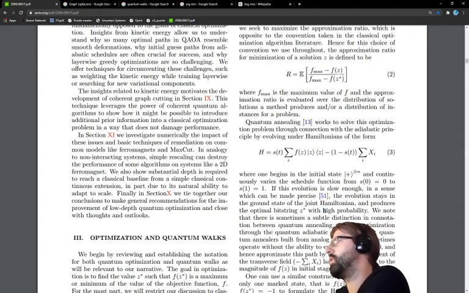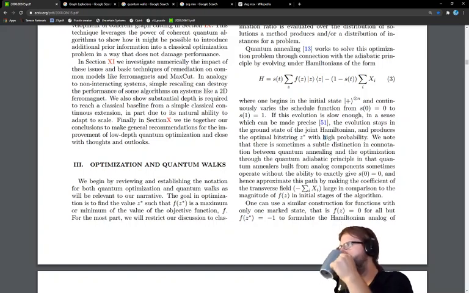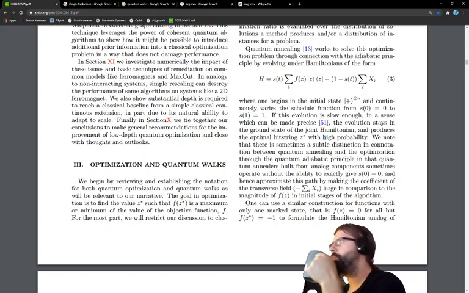We note that there is sometimes a subtle distinction in connotation between quantum annealing and the optimization through the quantum adiabatic principle, in that quantum annealers built from analog components sometimes operate without the ability to exactly give S0 equals 0 and hence approximate this path by making the coefficient of the transverse field large in comparison to the magnitude of fz in initial stages of the algorithm.